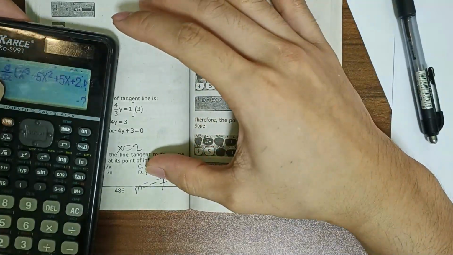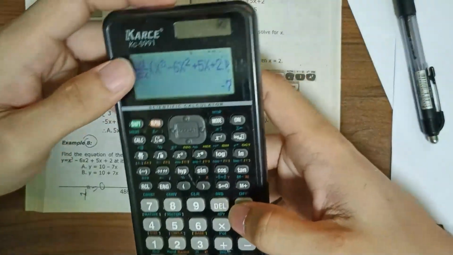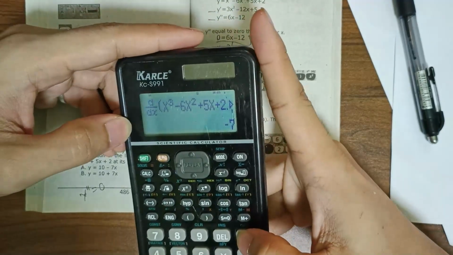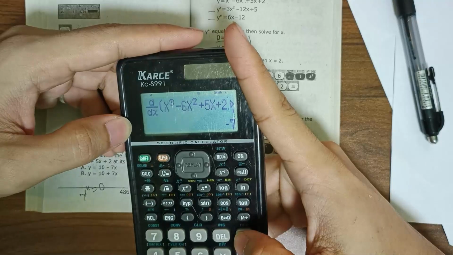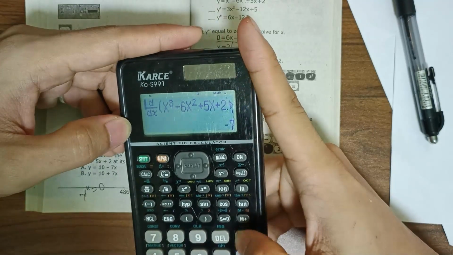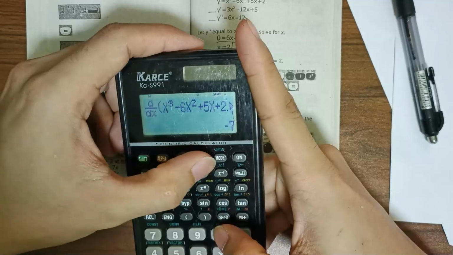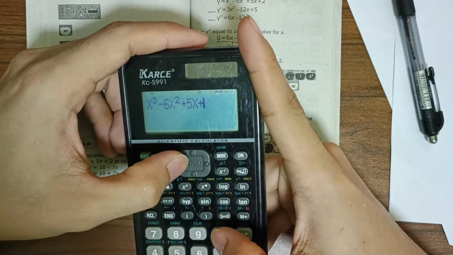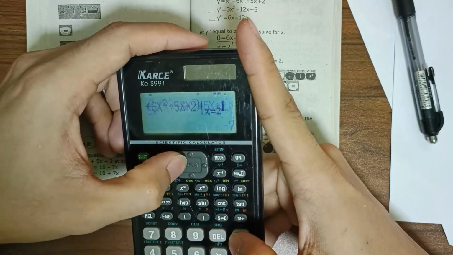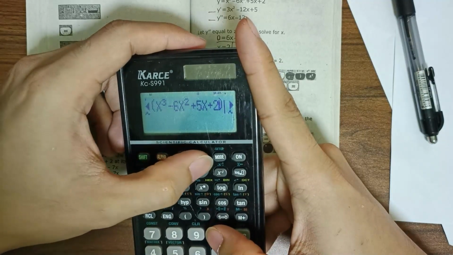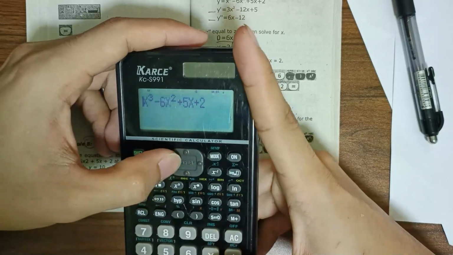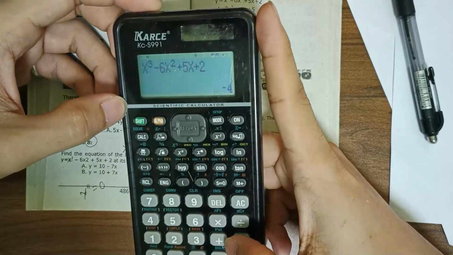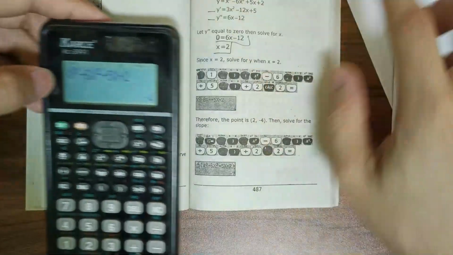Then we will use that value in our mode 5.1. However, we will first get the value of b. We type our answer again, and then calc, x is 2, so it is 4.